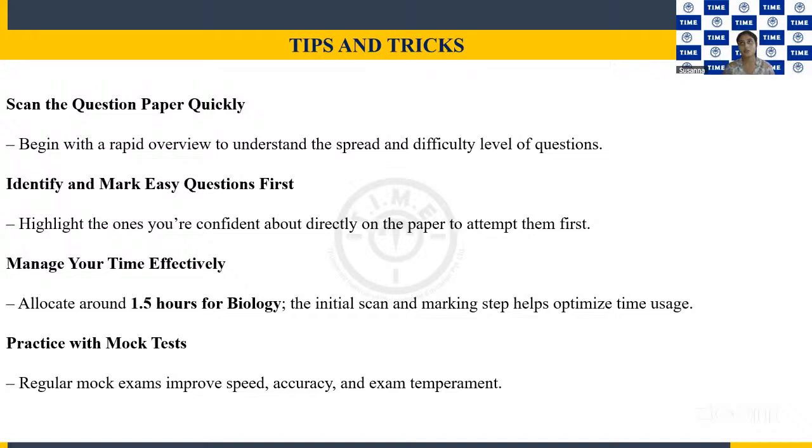The advantage is you are going to replicate that same atmosphere in your exam hall also. That will help you a lot. You have to be relaxed, with less tension, right? So one advantage of the mock test is it improves the speed, then the accuracy, then the exam temperament.